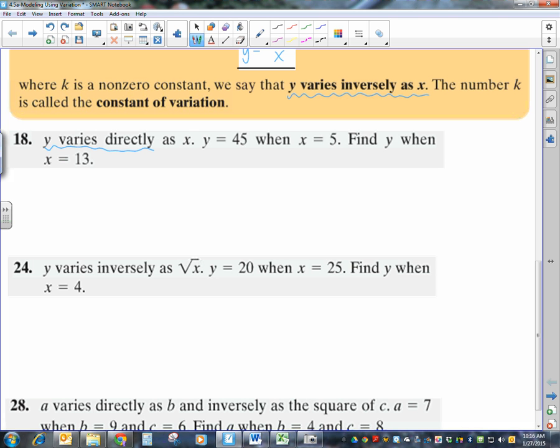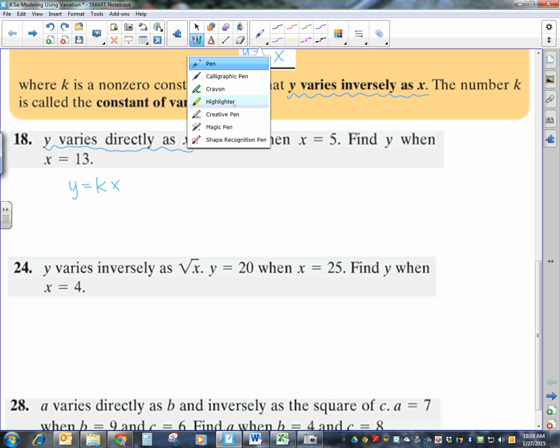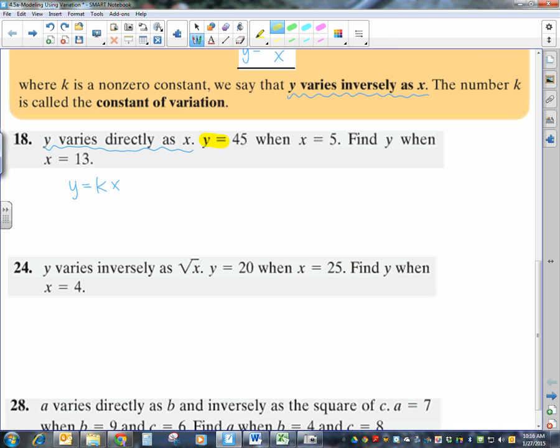Y varies directly as x, that's what we just had. So I'm going to write y varies directly as x. Now they're always going to give you an example of an x and a y. And what you're going to do with that, y is 45, so I'm going to plug in 45. I don't know what k is, and x is 5.